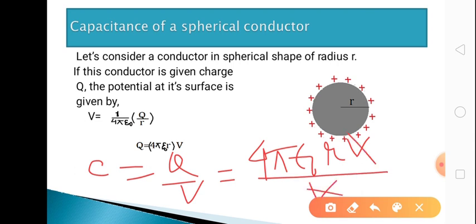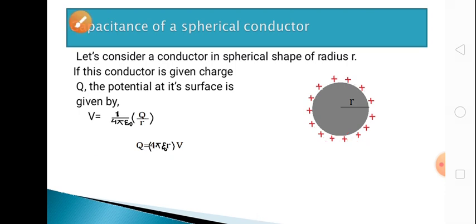You have C is equal to 4 pi epsilon naught r. So the capacitance of a spherical conductor is 4 pi epsilon naught r. Okay, so this is what is given here.